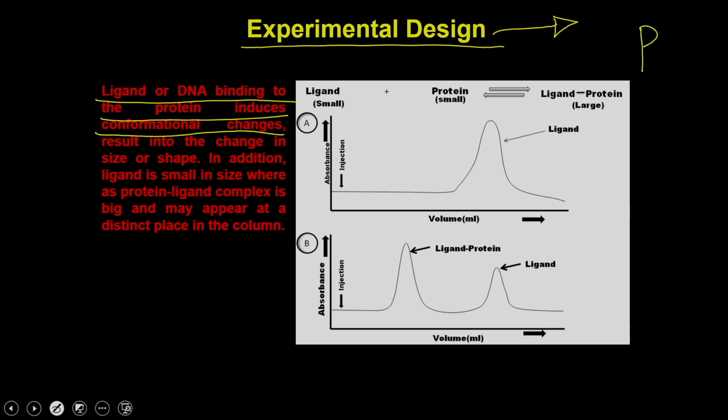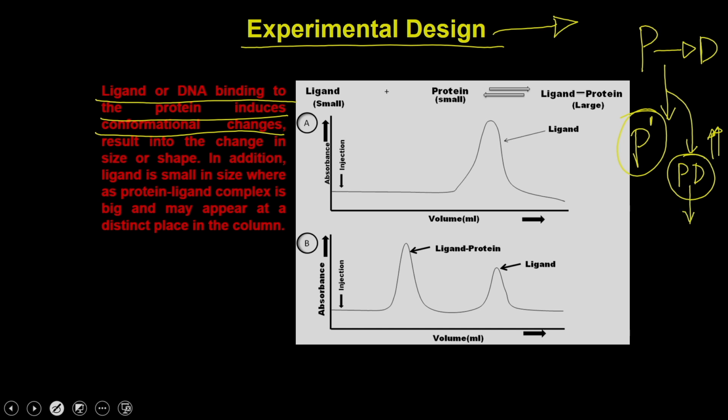So, when the protein interacts with DNA, first it affects the shape and size of the protein. Second, the protein-DNA complex is of higher molecular weight, which means you can study this in two ways.